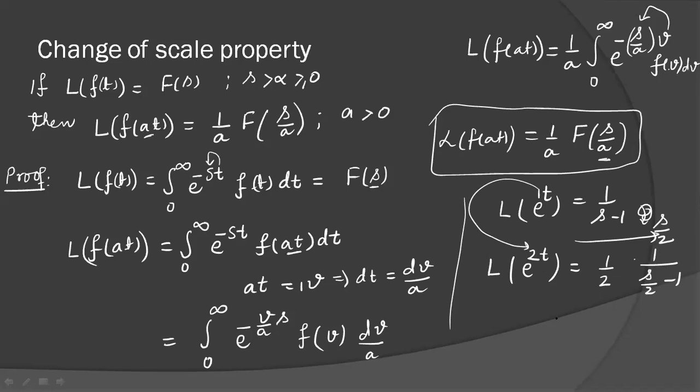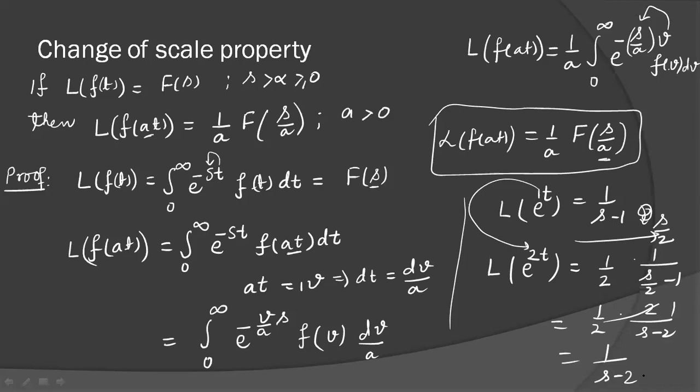Here a is equal to 2. So it will be 1 over 2, times 2 over s minus 2. So the Laplace of e to the power 2t will be 1 upon s minus 2. So this is another way to find the Laplace of e to the power 2t, or you can find it directly by the formula I discussed in the previous lecture, or you can use the change of scale property also.